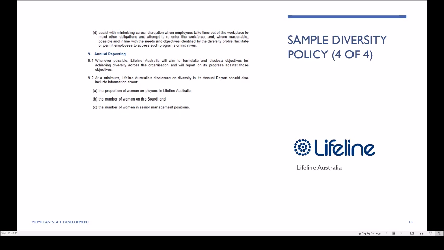KRAs will be the same, but the KPIs might be different. So, for example, the CEO, the responsibility and metric might be around making sure we've got good policies and procedures in place, making sure we've got good governance. The KPIs or the metrics for management might be about implementing, making sure the training is occurring, making sure that it's promoted and fostered in the workplace.